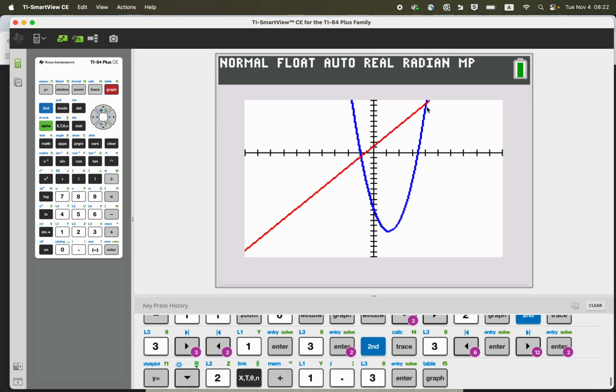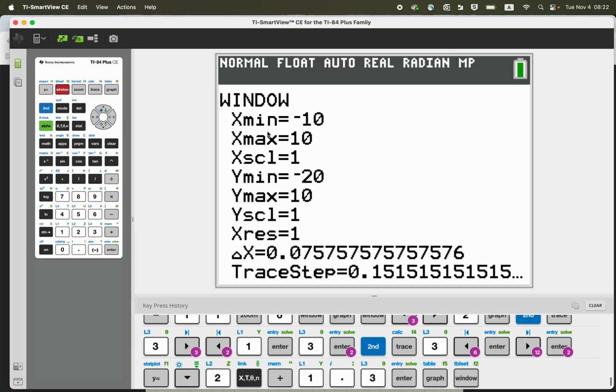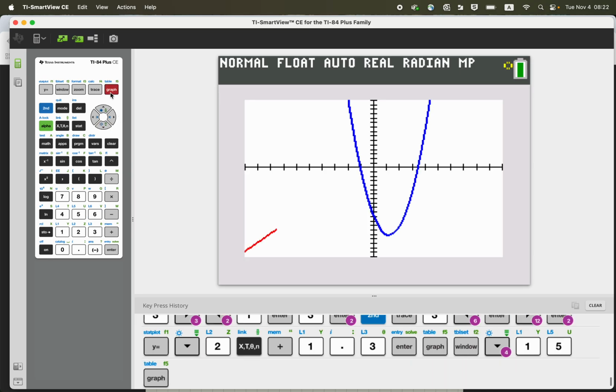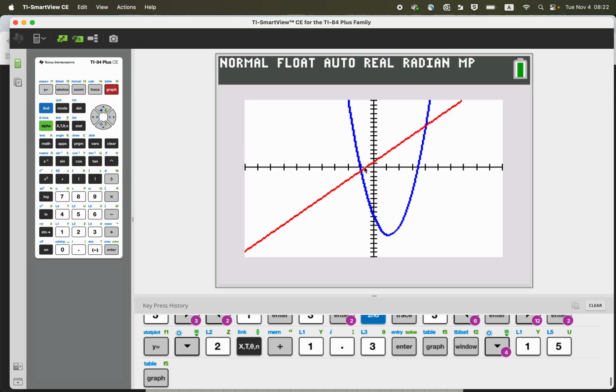I don't like how this is close to the top, so I'm going to adjust my window. I'm going to make the x max, which was 10, something like 15, just to have a better visual, and now I'll push graph. Again, we want to see on the 84 the points that we're trying to find, so we want to find these 2 intersection points.